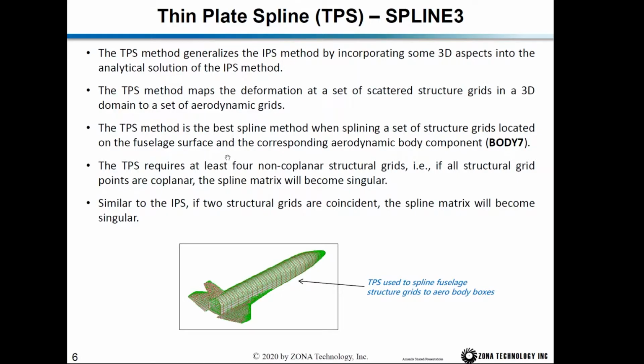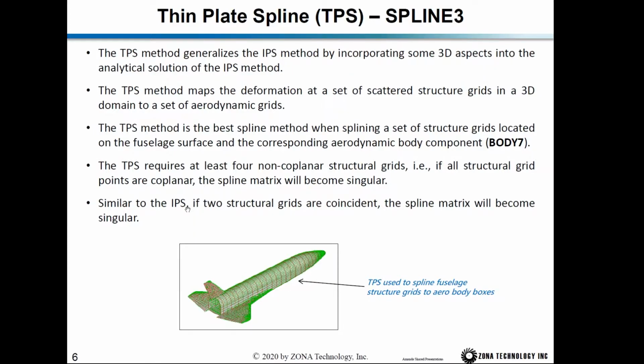Because the TPS requires the definition of a 3D space, the TPS requires at least 4 non-coplanar structural grids. And if all structural grid points are coplanar, it's a fatal error.